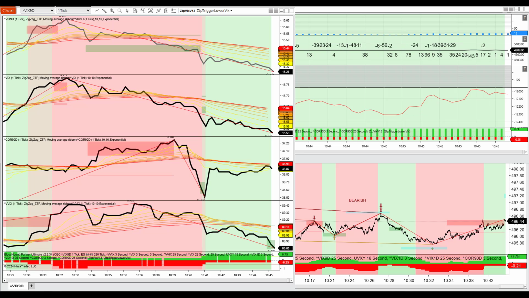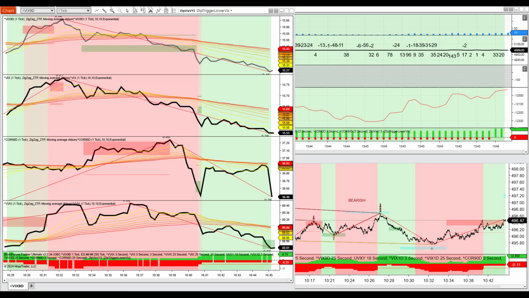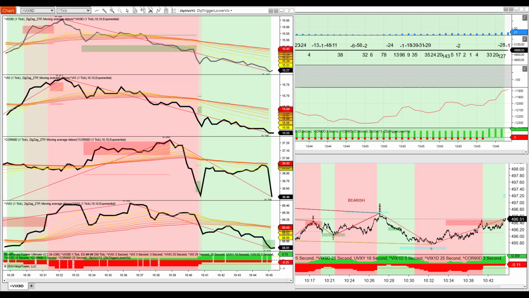The VIX continues to fall. The delta strength ticker and cumulative delta continue to rise.